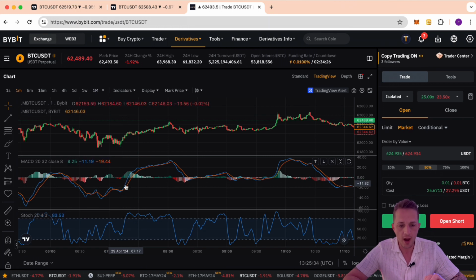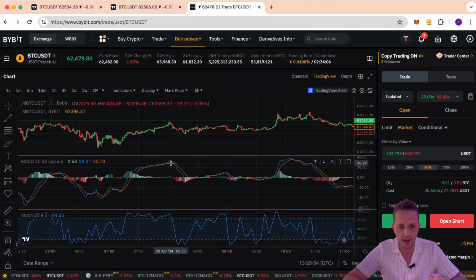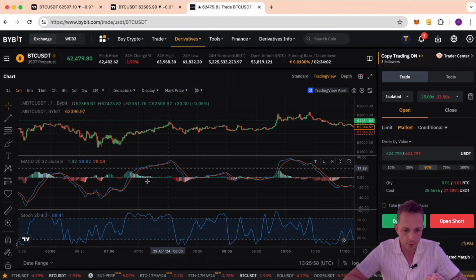The blue line is the moving average and the orange line is the trigger. If we see the blue line crossing the orange line, it means we are going to enter a long position, and vice versa, if we see the orange line cross the blue line, like here, we're going to enter a short position.